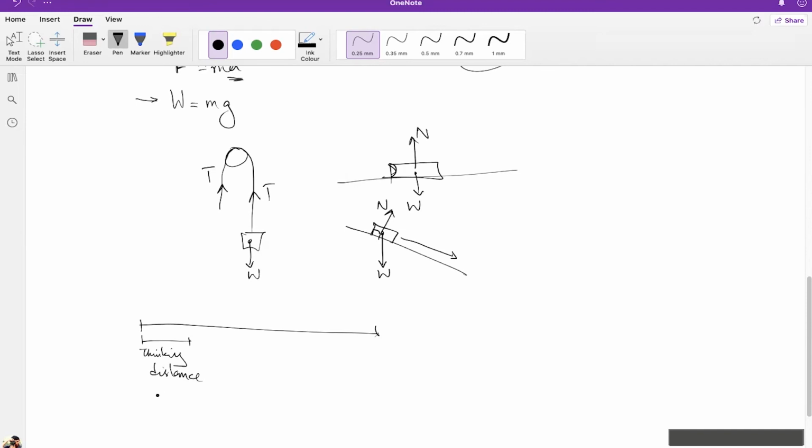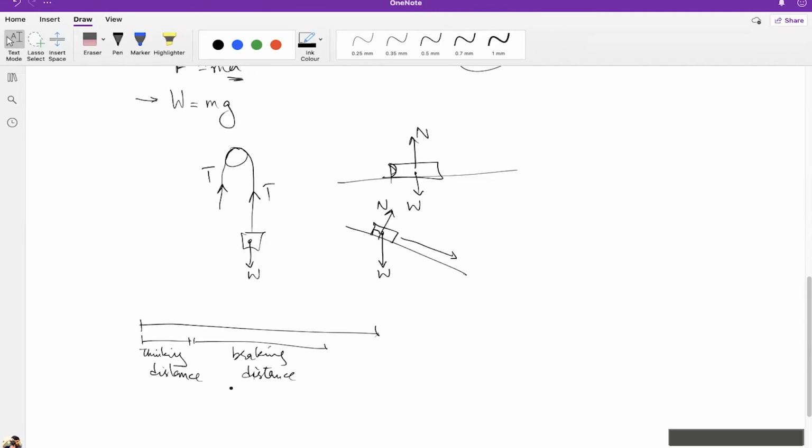The distance that the car travels while the driver thinks about applying the brakes. And then obviously there's the actual braking distance, the distance that is traveled while the brakes are being applied on the machine. So when the driver is thinking about it, the car doesn't know that it has to brake.